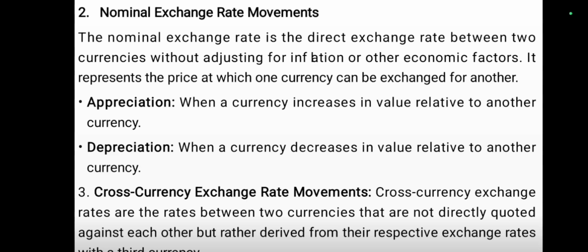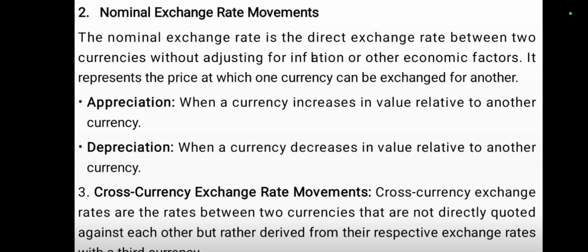Depreciation is when the dollar rate in Indian rupees increases. If it increases from 86 to 90 or 95, that is depreciation. If it is reduced from 86 to 80 or 75 rupees, that is appreciation.